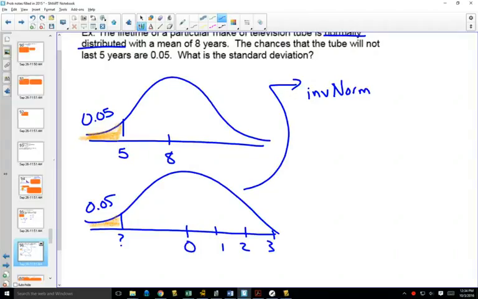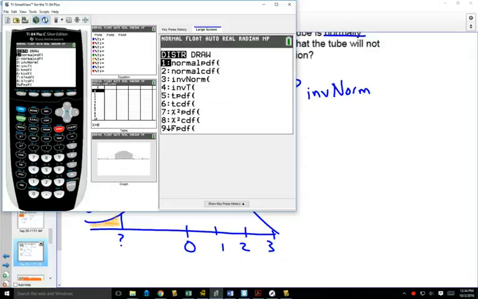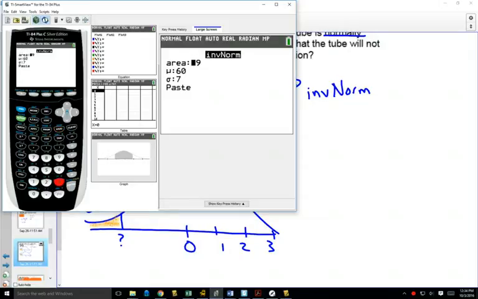Coming from the left, second vars, number 3, inverse norm, we know the area is 0.05. And if we're using a standard normal distribution, we can put in that our mean is 0 and our standard deviation is 1.